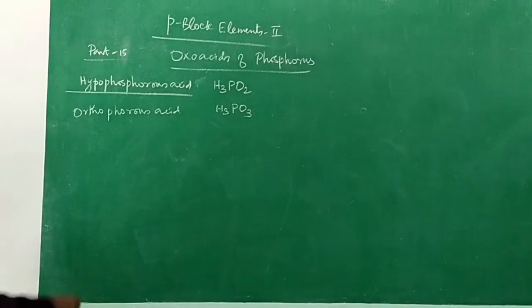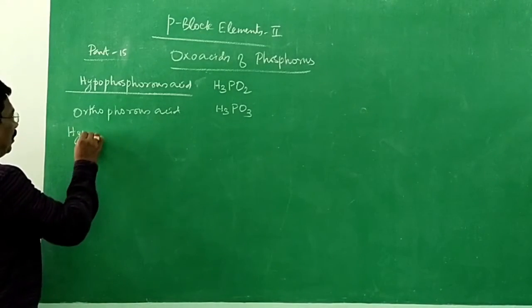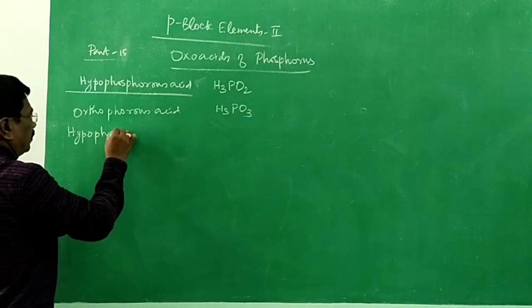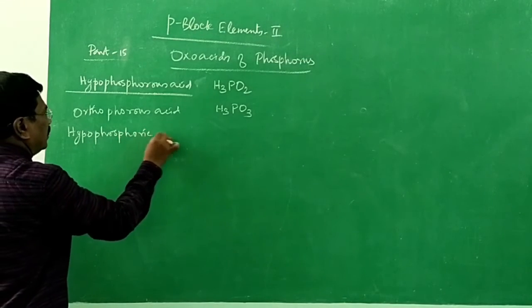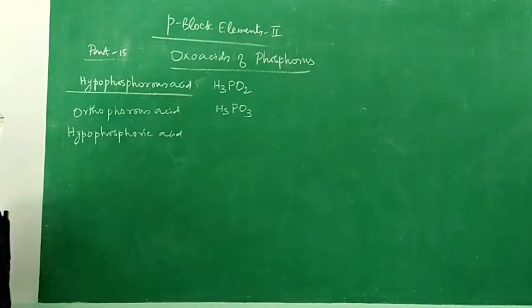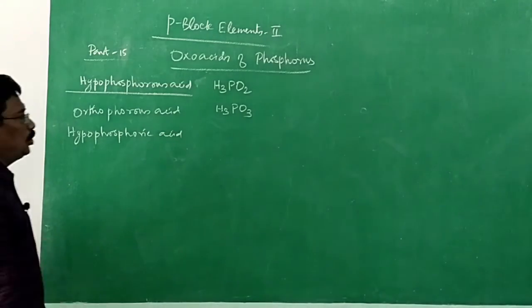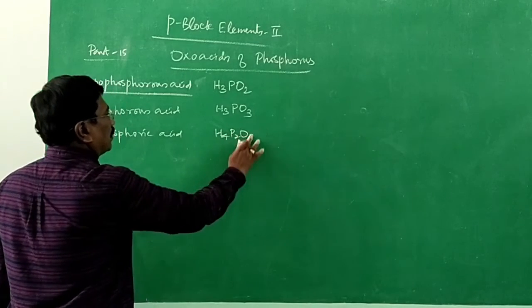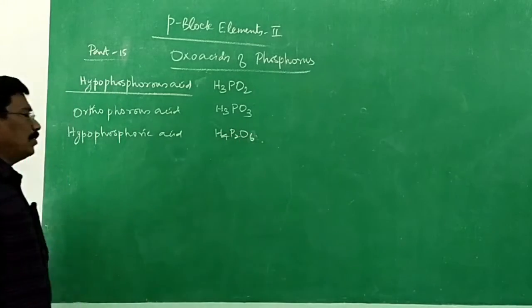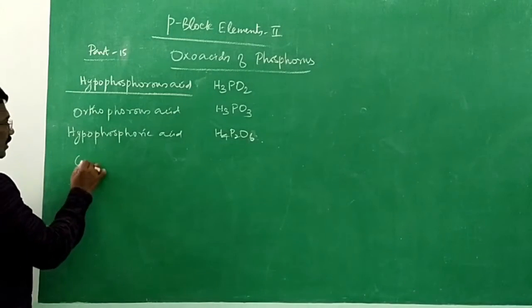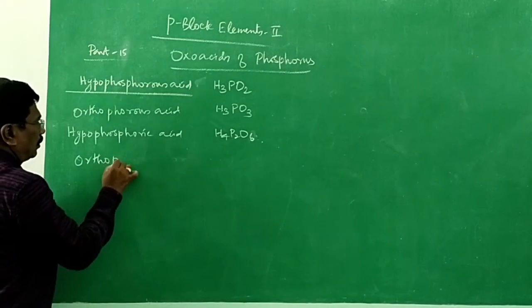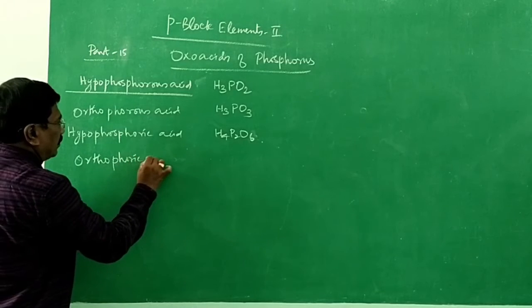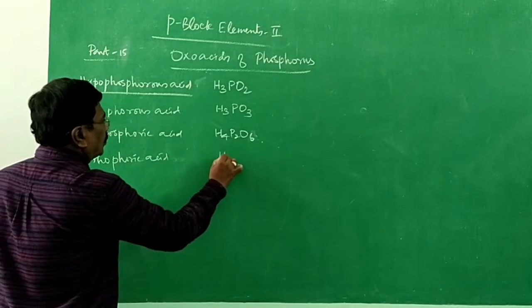Now, hypophosphoric acid, H4P2O6. Earlier it was hypophosphorus acid, now hypophosphoric acid. Then orthophosphoric acid, H3PO4.